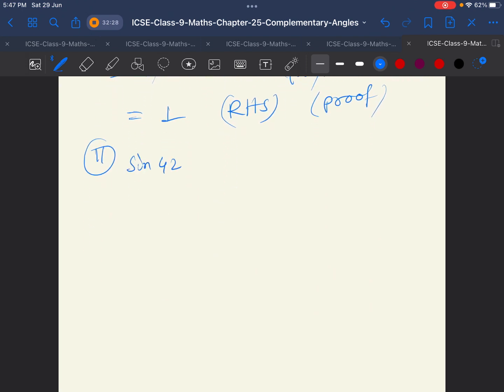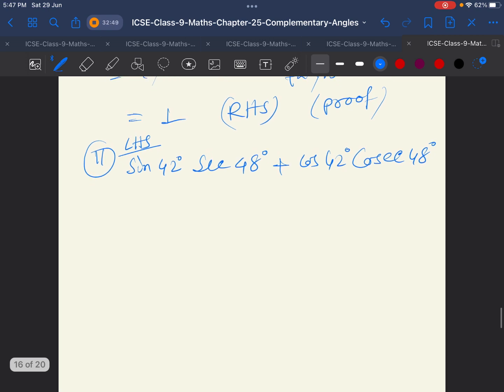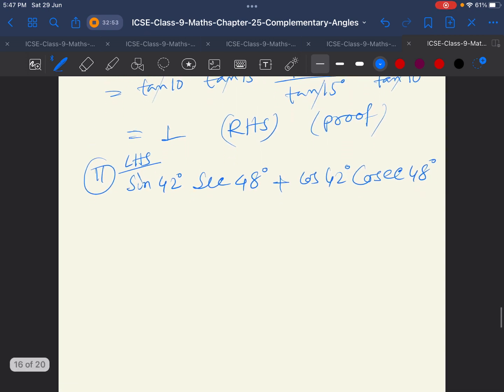Second question: sin 42 degree sec 48 degree plus cos 42 degree cosec 48 degree. Here the left hand side is this, and we have to prove this equals 2, the right hand side.